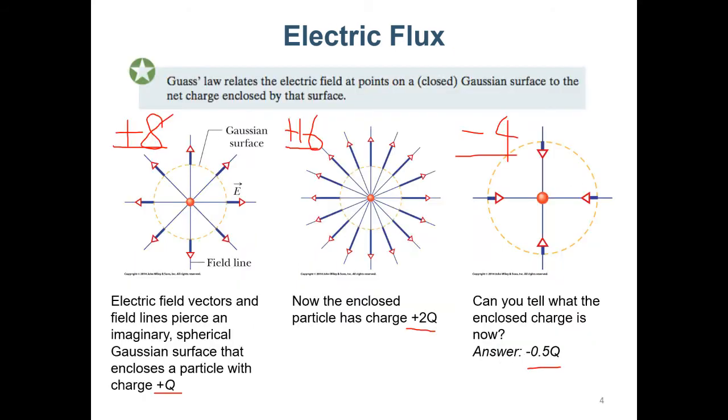This can sufficiently explain this idea. So if the E field is pointing outwards, it will be positive. If it is pointing inwards, it will be negative. So for a closed surface, we will always define positive to be outwards and negative to be inwards. Remember this important idea.